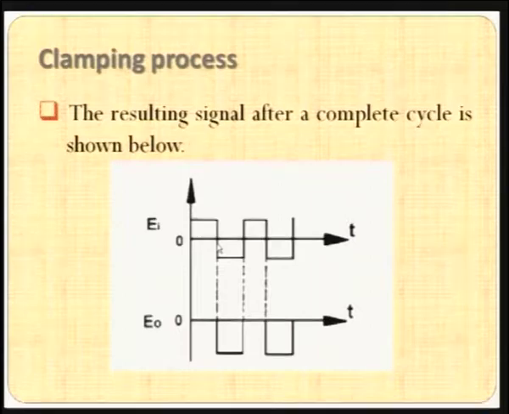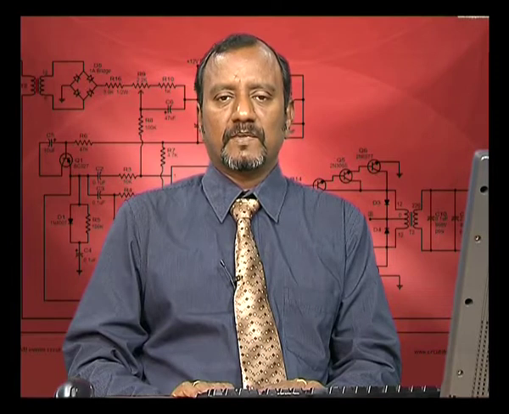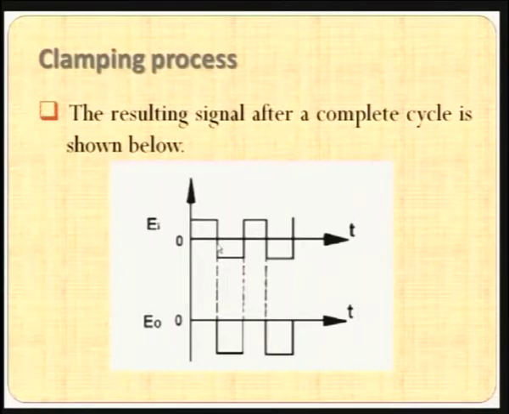In the case of smoothing of ripples, we studied in the topic construction of regulated power supply that we use the charging and discharging property of a capacitor for removing the ripples. At that time we had a very huge value of the time constant. The RC value was supposed to be large, so that the time constant is large.